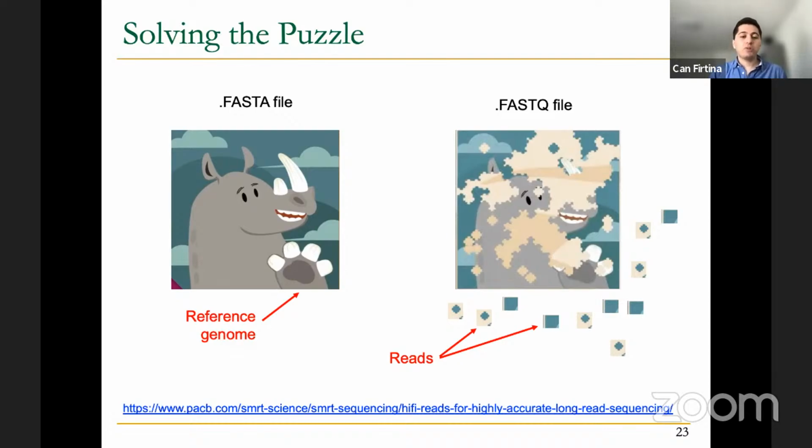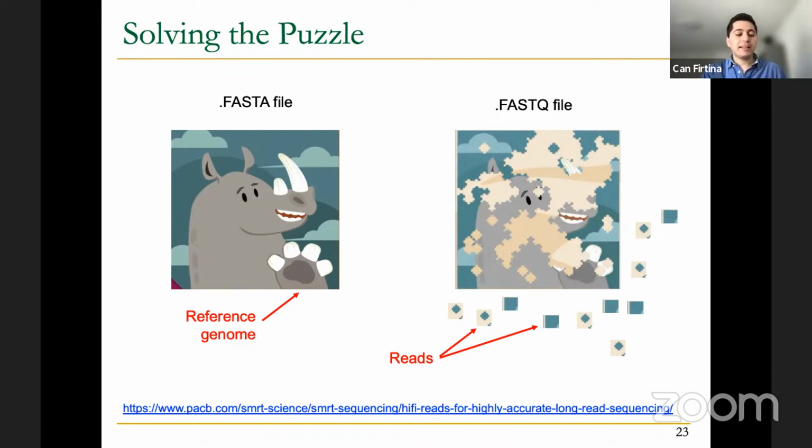Because when you have smaller pieces, it's really ambiguous where to place certain pieces in the correct location in the picture. And another thing is that those pieces are going to be erroneous. So when you place them, maybe you're placing them in an incorrect location, right? So ideally, we want large pieces, and we want really accurate pieces.